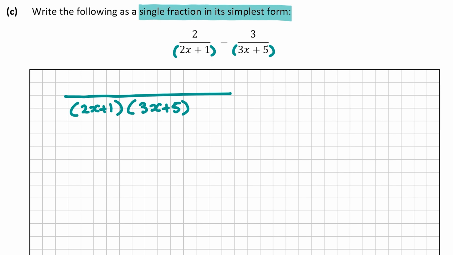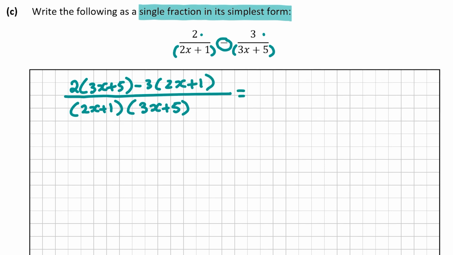And now what we're going to do is multiply what's on top of each fraction by what's not underneath it. So here, we multiply 2 by 3x plus 5, and then minus 3, because we can't forget the minus here, by 2x plus 1.